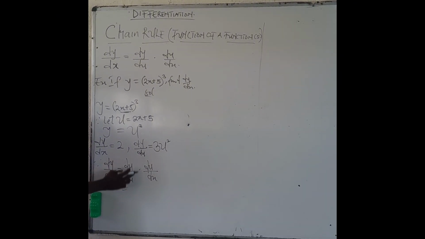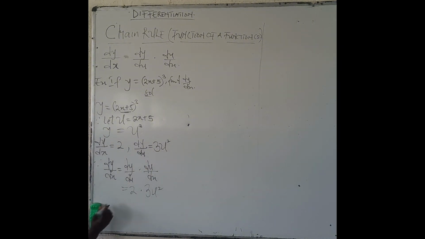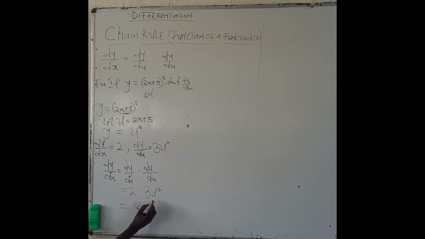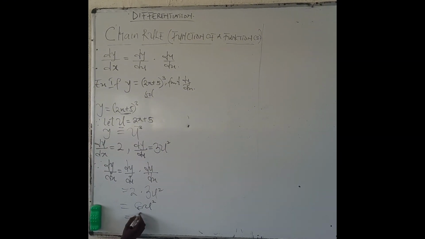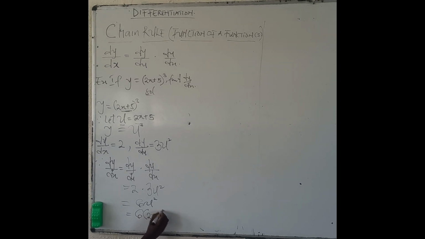What is your du over dx? It is 2. Multiplied by what is your dy over du, which is 3u squared. So you do not get your final answer as 2 times 3; 2 multiplied by 3 will give you 6u squared. And back to the equation, what is u? U represents 2x plus 5. So your final answer is going to be 6 into bracket 2x plus 5 raised to power 2.